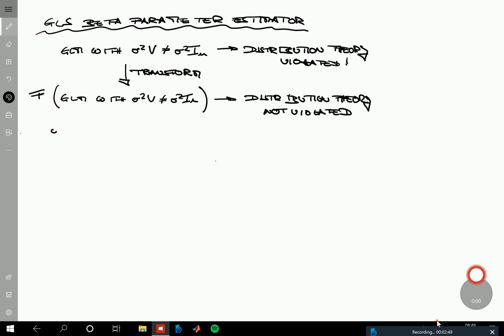So what we assume is that we have our GLM, where as always these are n-dimensional things.